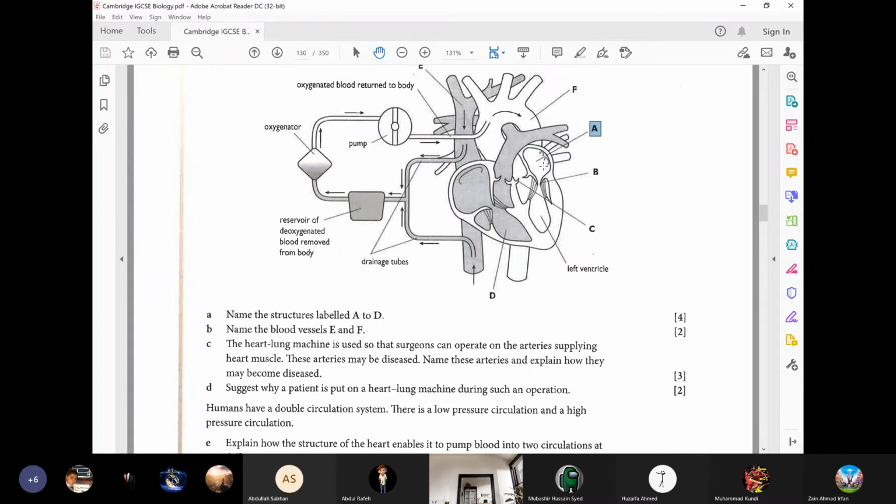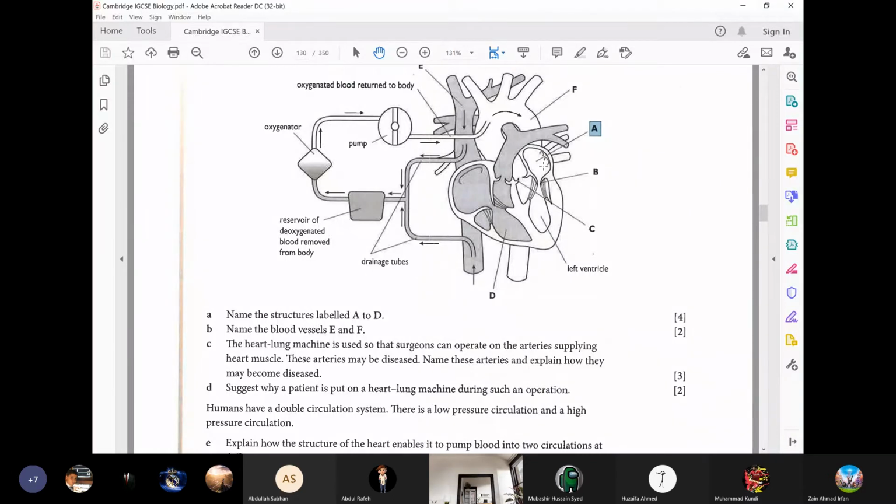Another thing happens: the walls of the arteries lose their elasticity, and this condition is called atherosclerosis. In this condition there can even be thrombosis, the formation of a thrombus, a blood clot.